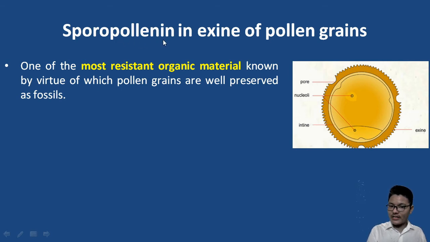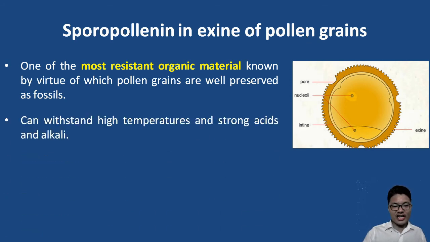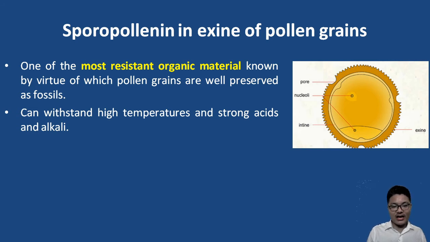So sporopollenin, which constitutes the exine of the pollen grain, is one of the most resistant organic materials, which can withstand high temperature, and there are no strong acids or alkalis that can degrade the outer wall of the pollen grain easily. Sporopollenin is difficult to break down and difficult to destroy by strong acids and alkalis.